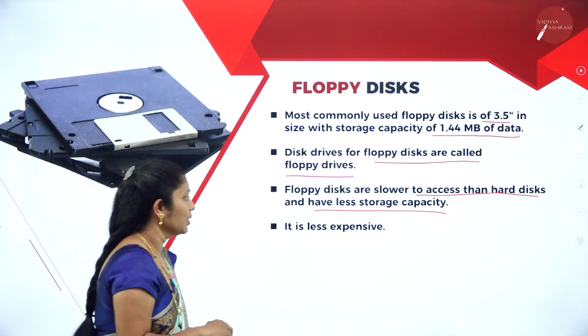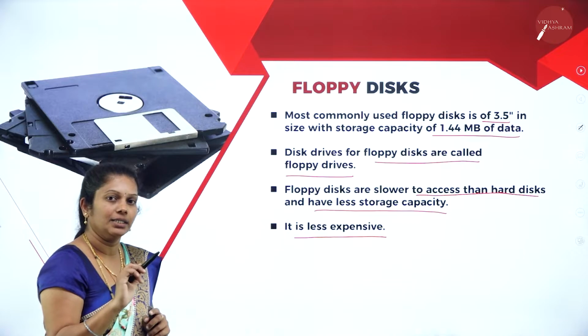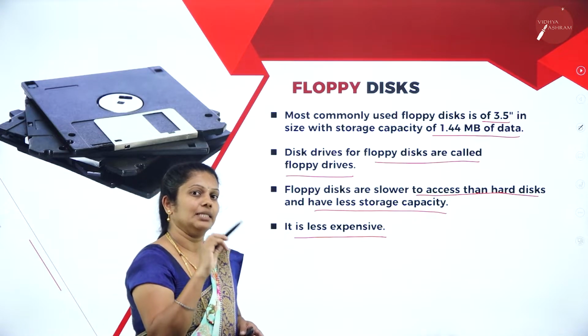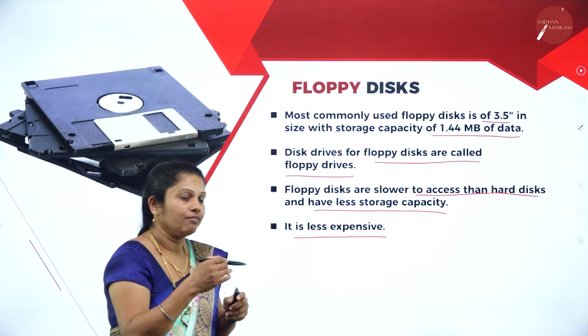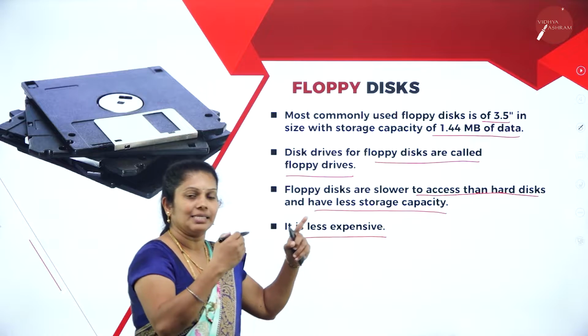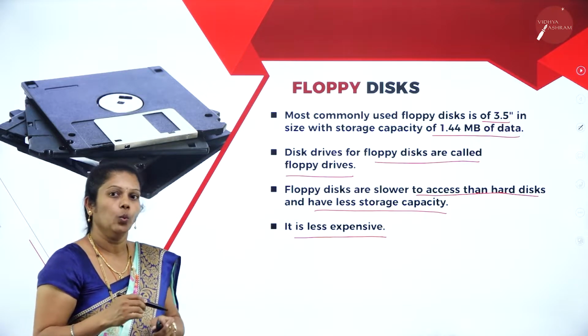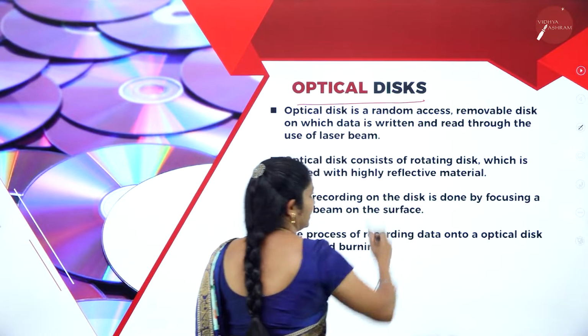And it is very inexpensive. But hard disk cost is more, floppy disk cost is less. Storage capacity in a hard disk is more, and less here. And the access rate is also higher in a hard disk, whereas here the access rate is also very low.